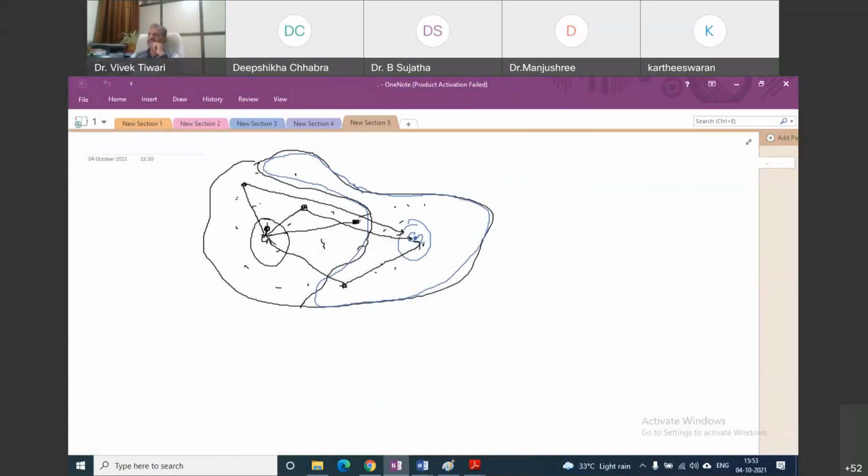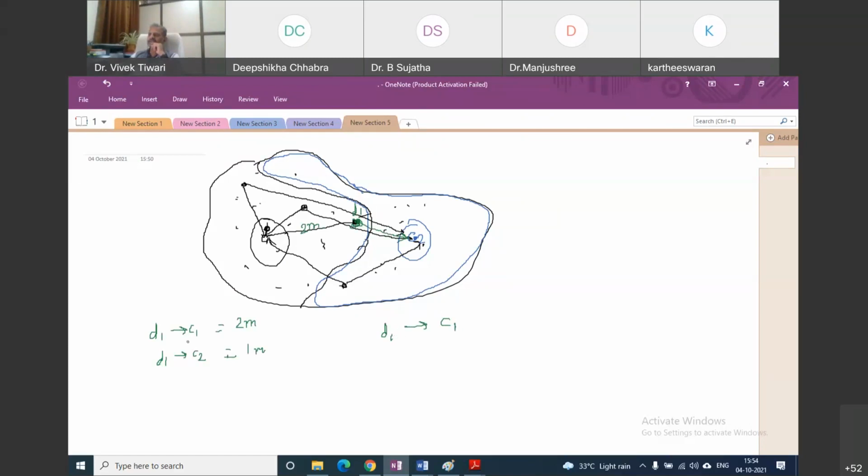Suppose for this data point, this is the distance D1. So the distance of the data point to C1 is 2 meters, suppose, and the distance of the same data point to centroid 2 is 1 meter. So here you can understand this data point is currently a member of C1.